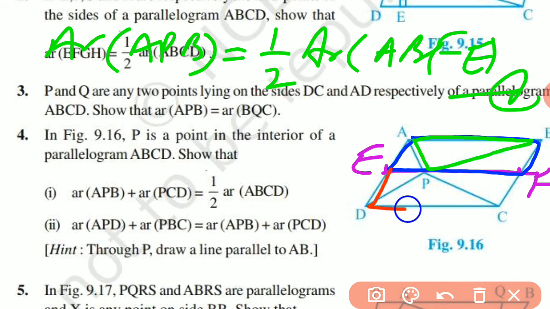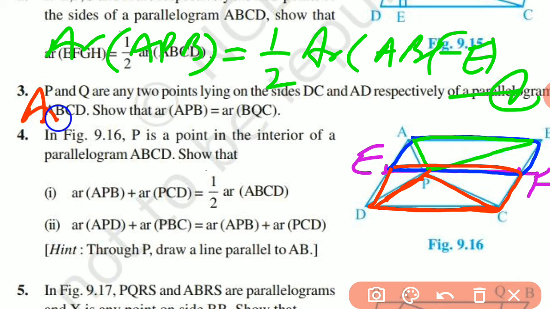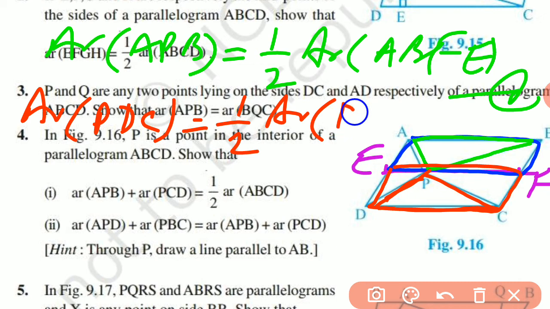And second, the lower case here, this is the triangle and this is the parallelogram on the same base and between the same parallels, so we can write area of triangle PDC equal to half of the area of DCFE. This is equation 2.